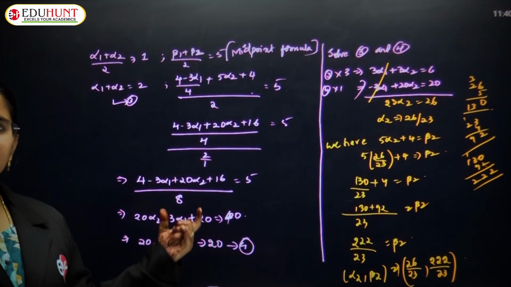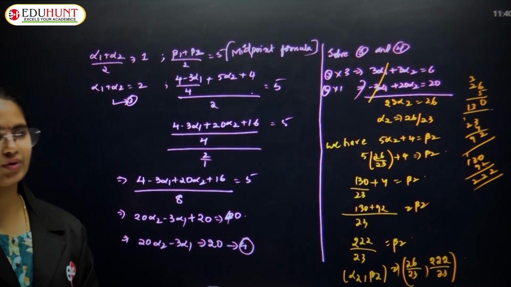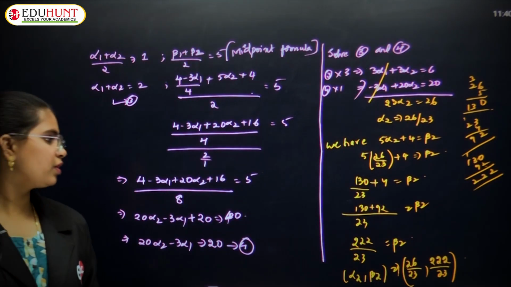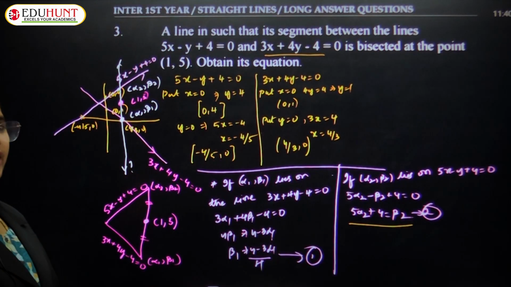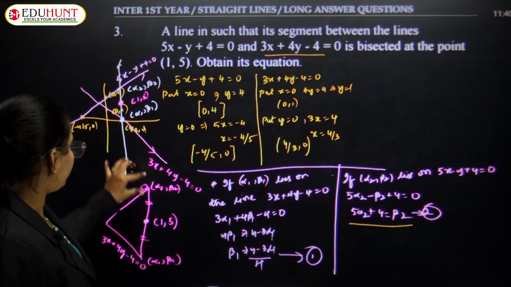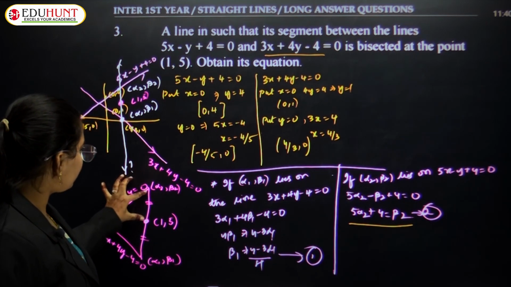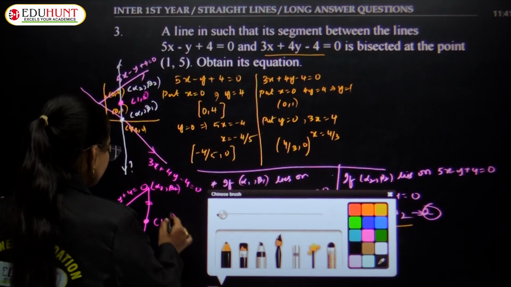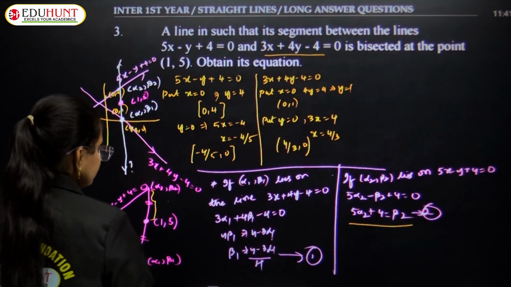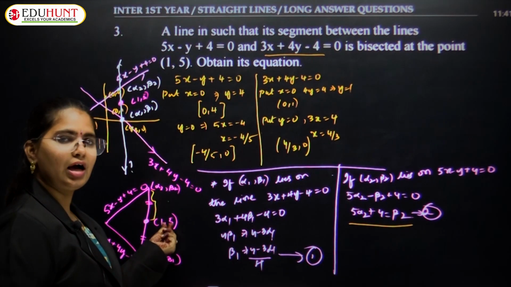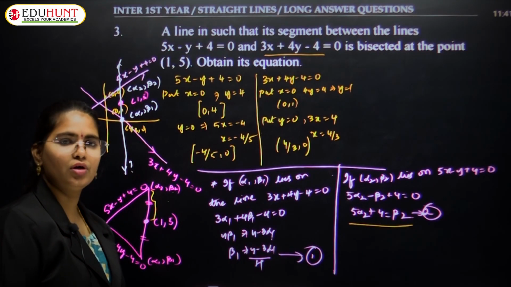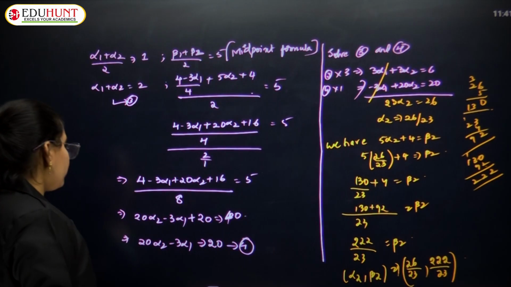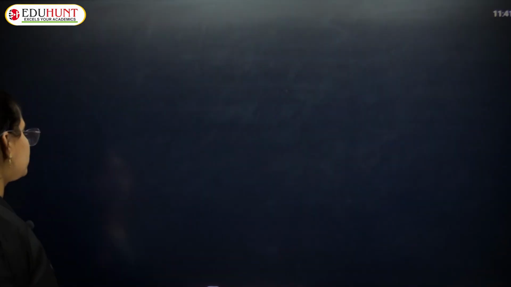If you are done with it, we'll be moving to the next part of the question, so please have a look at the board for a moment. Completed. As per the question, we need to find the equation of the line segment. I can say from here to here, this is my particular line segment, which has 2 points (1, 5) and (alpha 2, beta 2). So let us try to find the equation of the line.